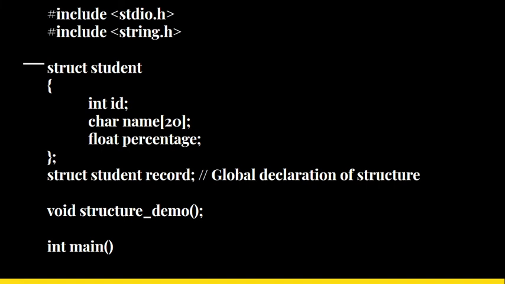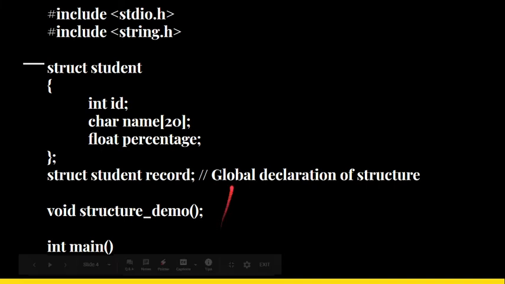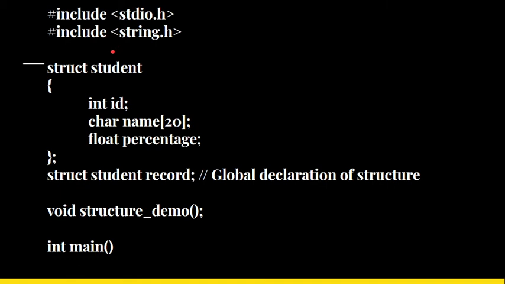Now let us see how it is defined. This is the program starting. Include stdio.h, include string.h, and then we use the structure definition. Struct student is the structure name, and we define the variables int id, char name of 20, float percentage. Now we close the structure. Here we are defining the structure outside the main function.